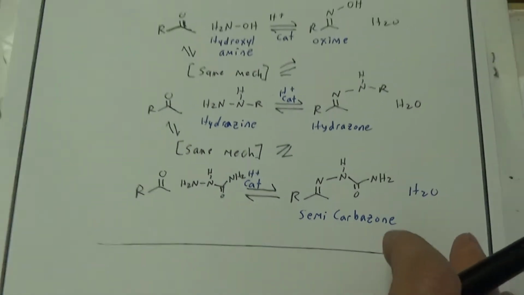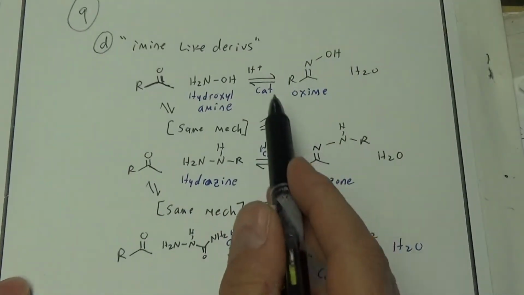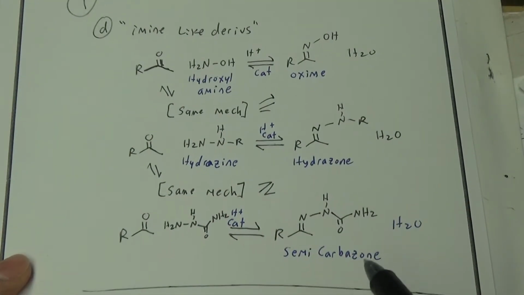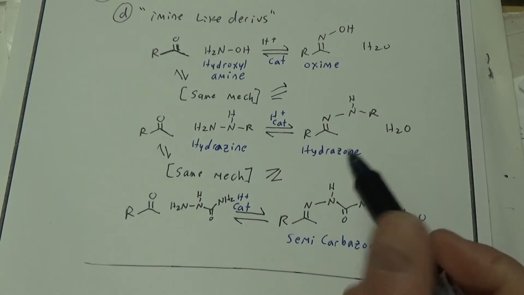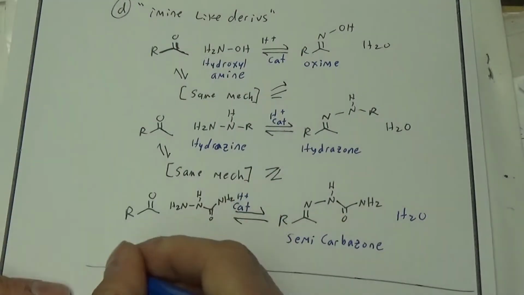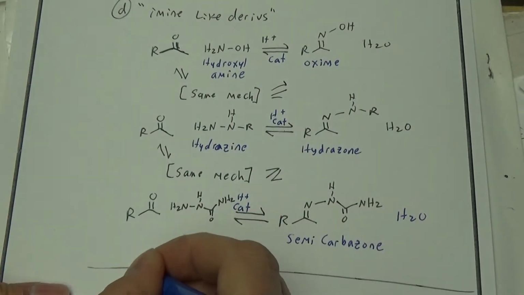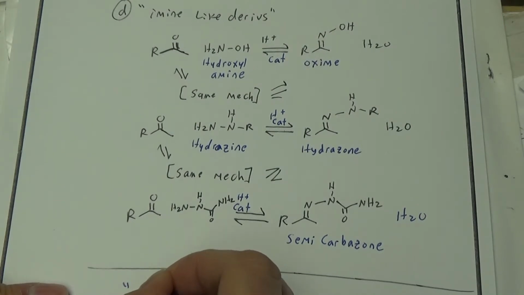and so all of these methods, the oximes and the hydrazones and the semicarbazones, there's a lot of historical interest in these. They're called derivatizing agents.